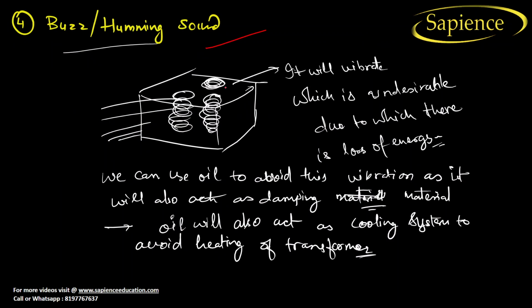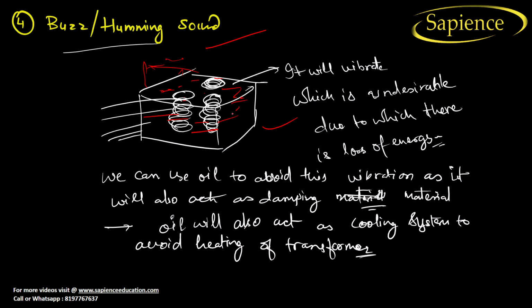After this, the buzz or humming sound. When we observe a transformer, it will always try to buzz or hum, but that sound is not of our use. When sound is being created, it means that there is some loss of energy, because only when energy is given will it create a sound. To avoid this, the transformer is filled with oil.